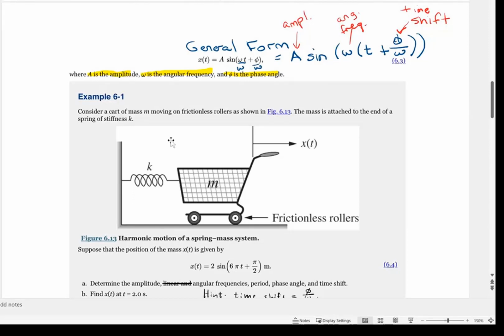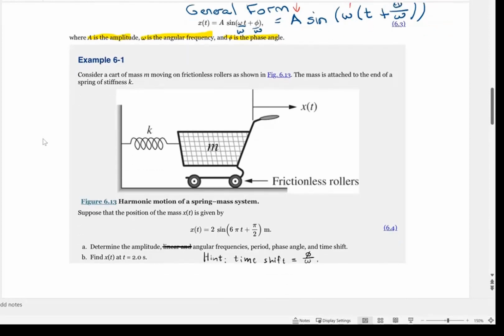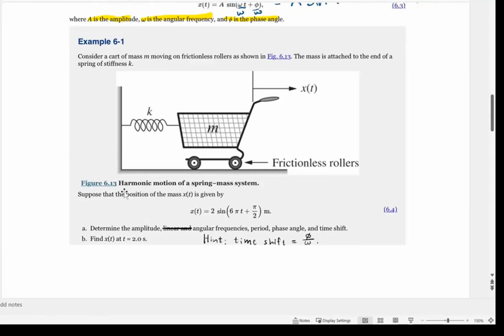Okay. So consider a cart of mass m moving on frictionless rollers as shown here. They're just saying frictionless because otherwise we'd have to add something else in. The mass is attached to the end of a spring of stiffness K. So harmonic motion of a spring mass system.